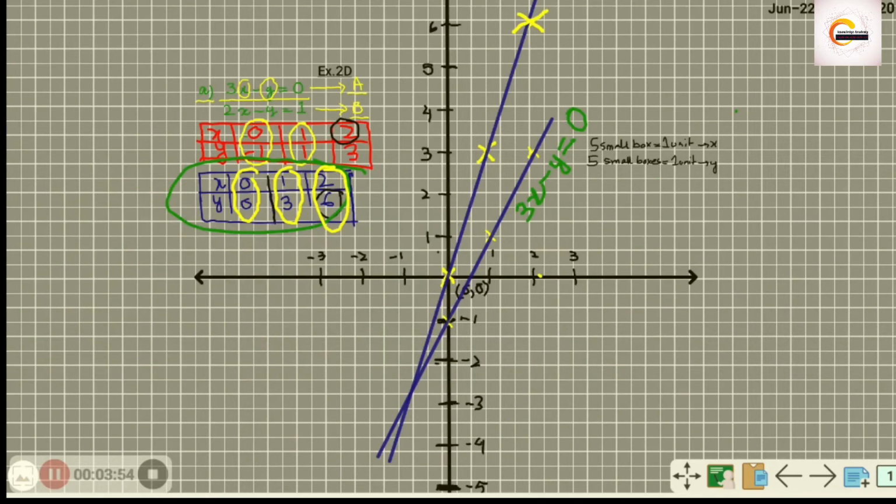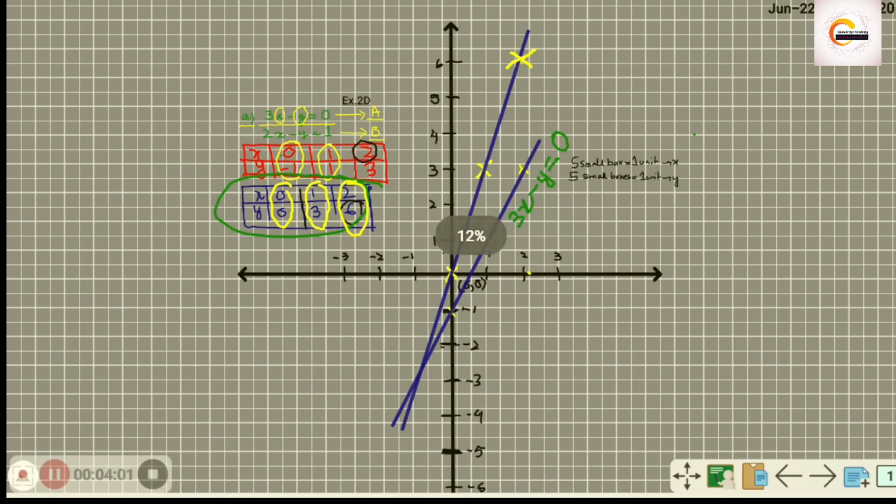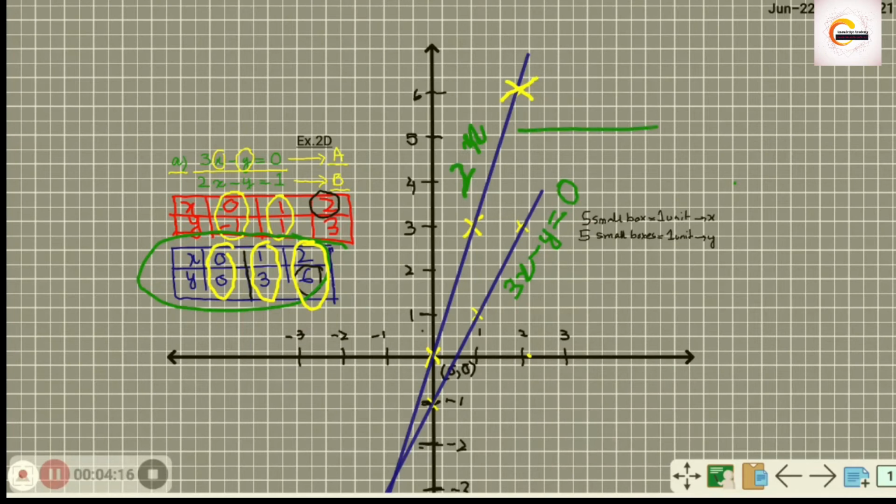So we can see that this is the line that represents our equation 2x - y = 1. And now we have to see where these 2 lines intersect each other.